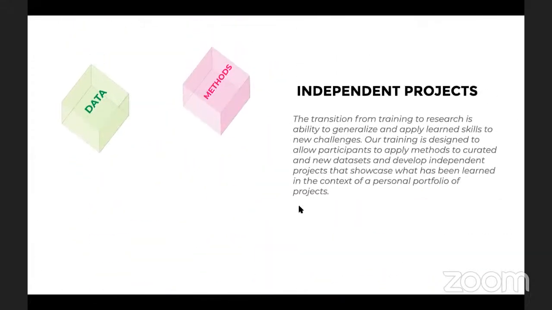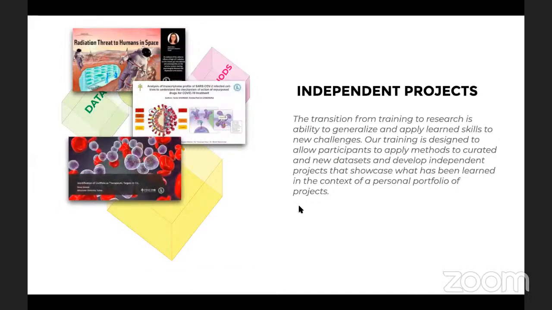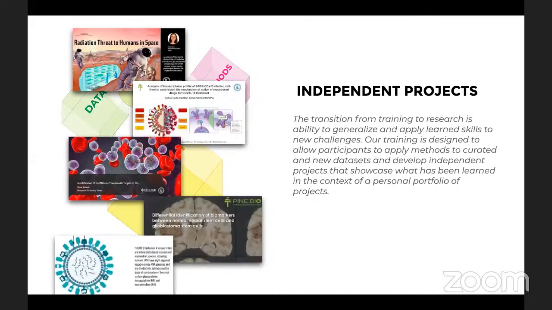As a result, anyone starting on this journey in bioinformatics can start developing a project of their own. In fact, we have already worked with many students who have completed the training and developed interesting research projects which have won awards and even got published in peer-reviewed journals. Here are some of those projects by our graduated research fellows who have worked on these different areas of bioinformatics research.